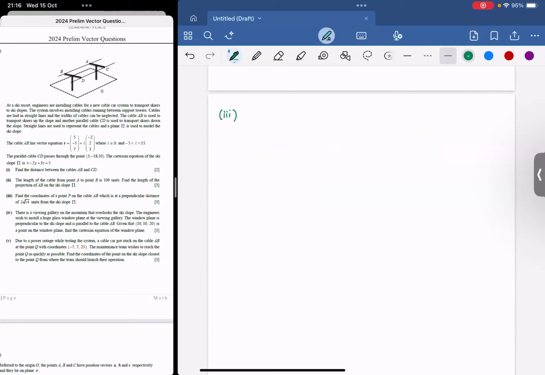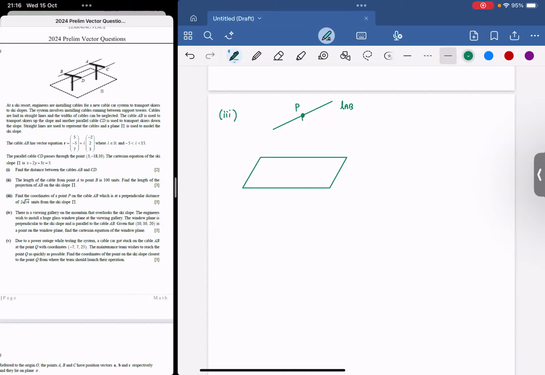Find the coordinates of P on the cable AB such that the perpendicular distance from the slope is this. So again, I draw a slope. I try to make the plane the horizontal one. Then this is my line AB. So I got a P here.